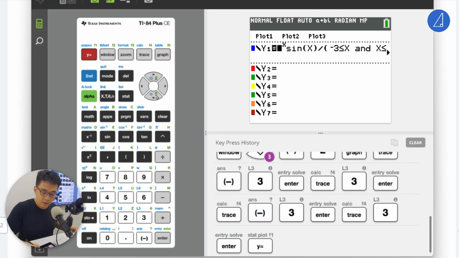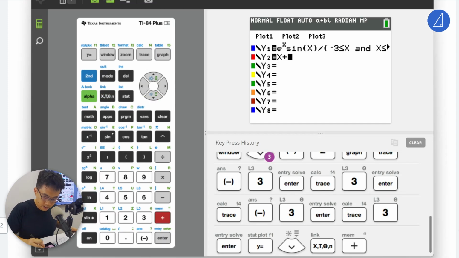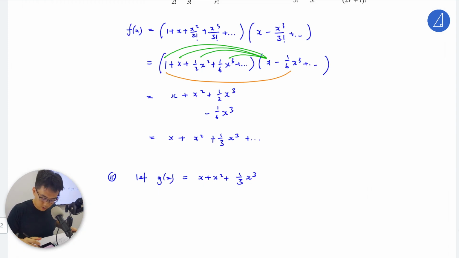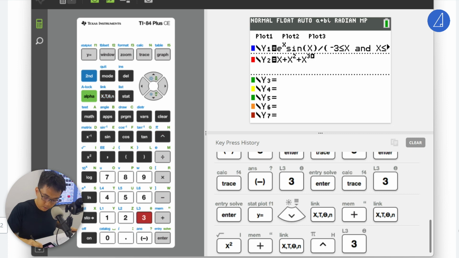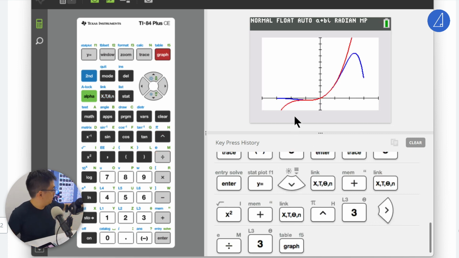So draw on the same diagram, go to your calculator. x plus x squared plus x cubed over 3. If you check your calculator, your Maclaurin curve touches the original curve around here. So very likely it's correct. So it's one way to safeguard.